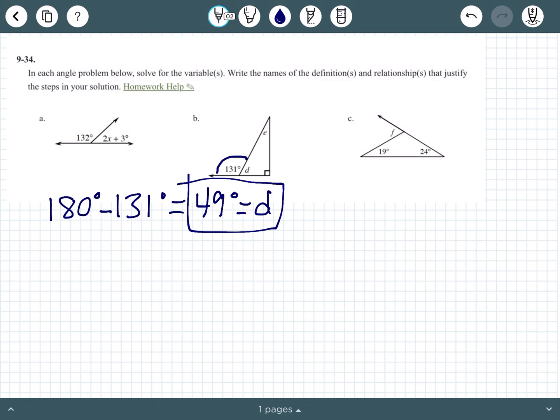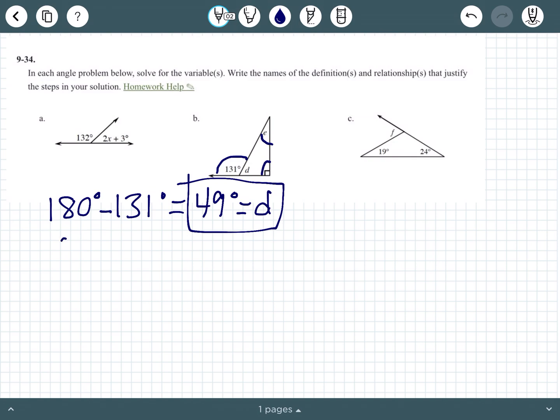Now, we learned in the classwork from yesterday that the remote interior angles, which in this case would be E and my right angle, together my E and my right angle should add up to 131.